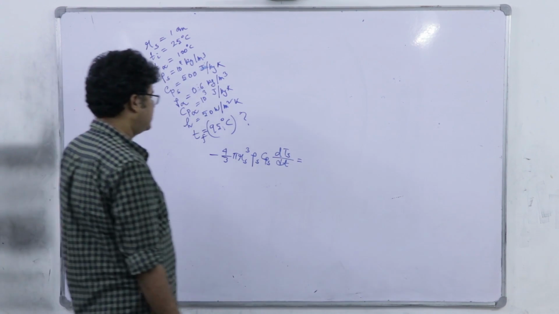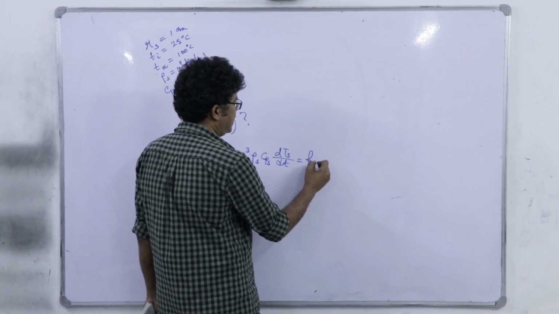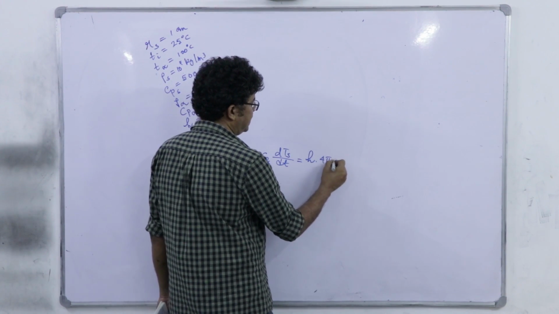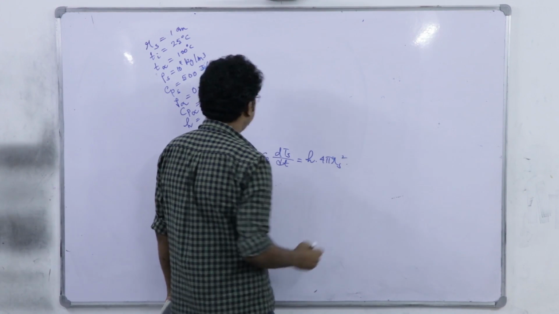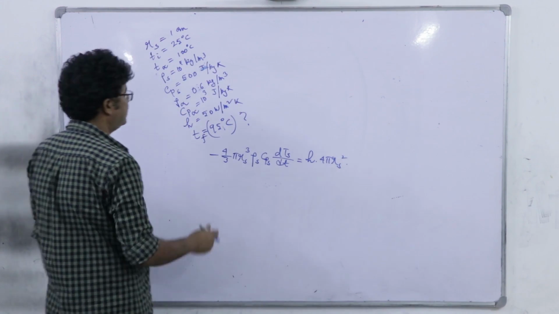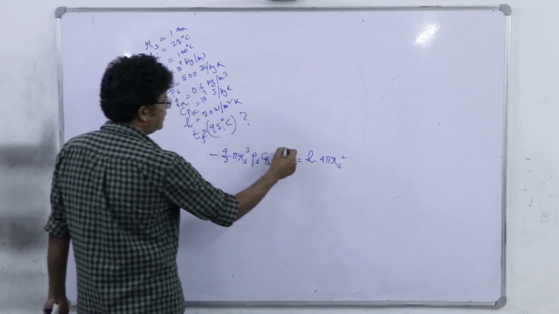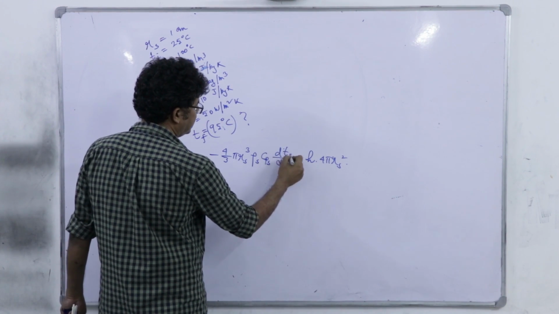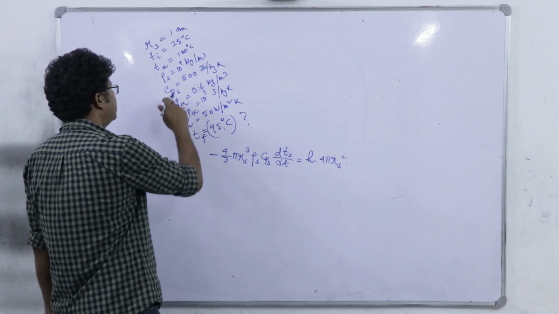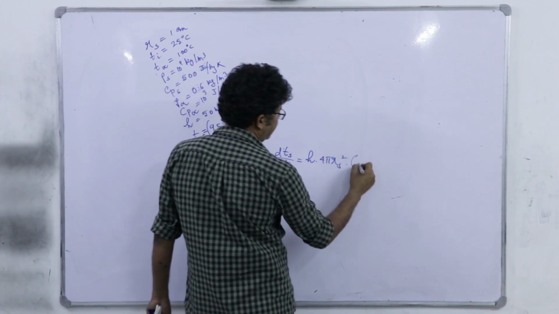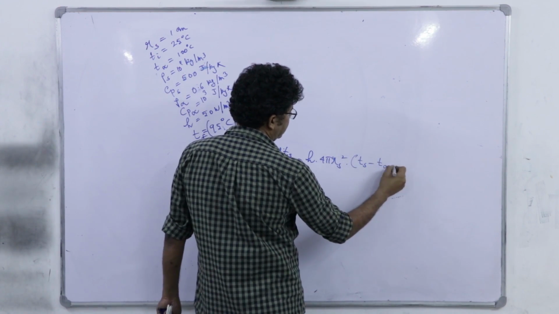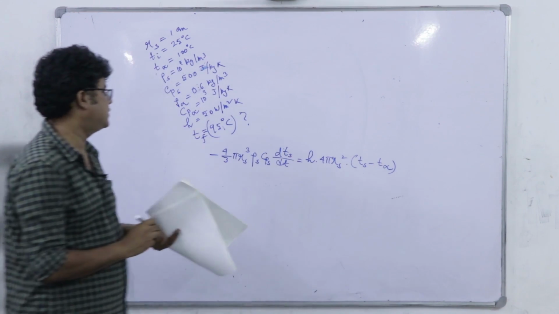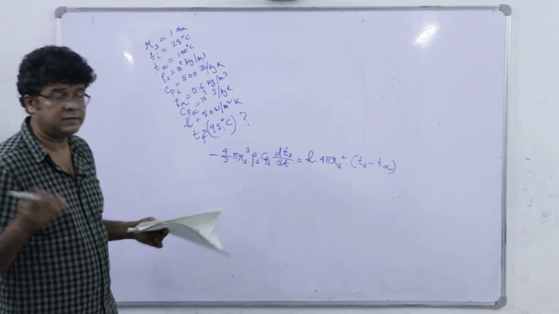And that's equal to H into 4 pi Rs square into the temperature difference, which is Ts, let's say small Ts, because they are not absolute temperatures, Ts minus T infinity, right? Heat transfer coefficient is given, so from there we can directly solve.